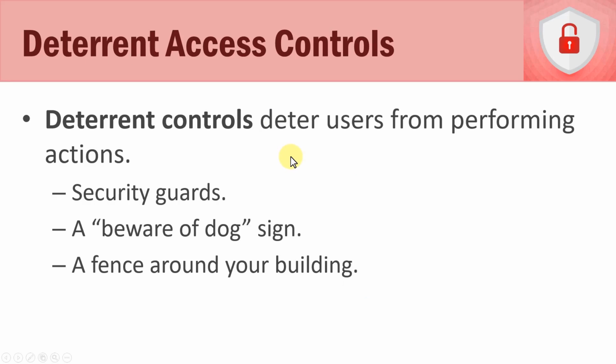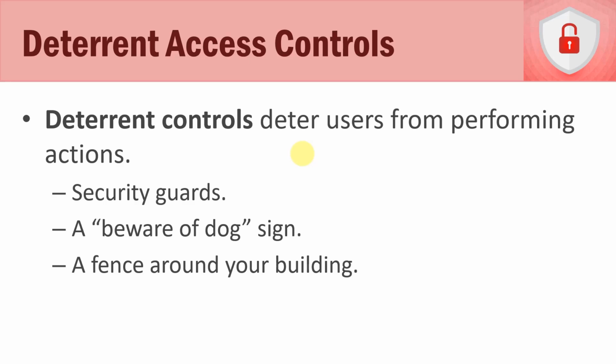And the next one is going to be a deterrent access control. This deters potential users, and when we say users, we mean malicious users, from performing actions. A really good example would be security guards walking around in parking lots. You'll commonly see this around the holiday times in malls and so forth.